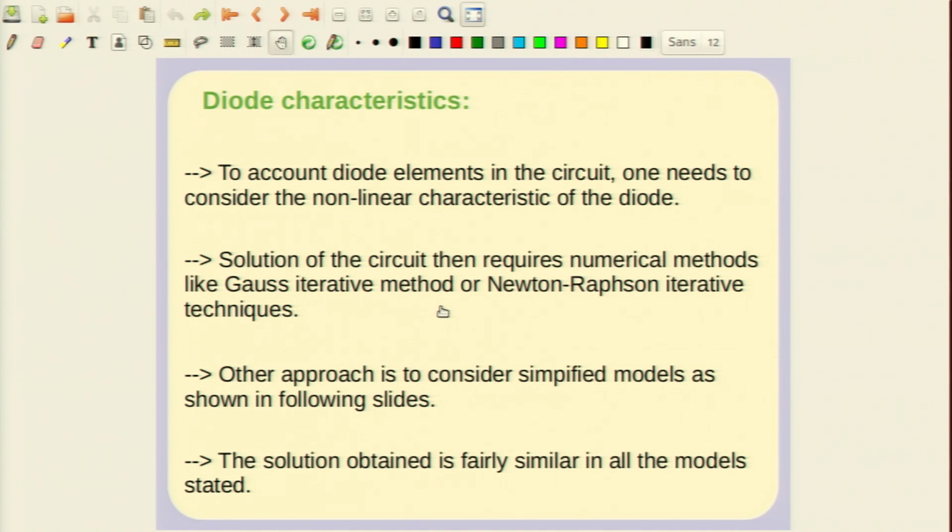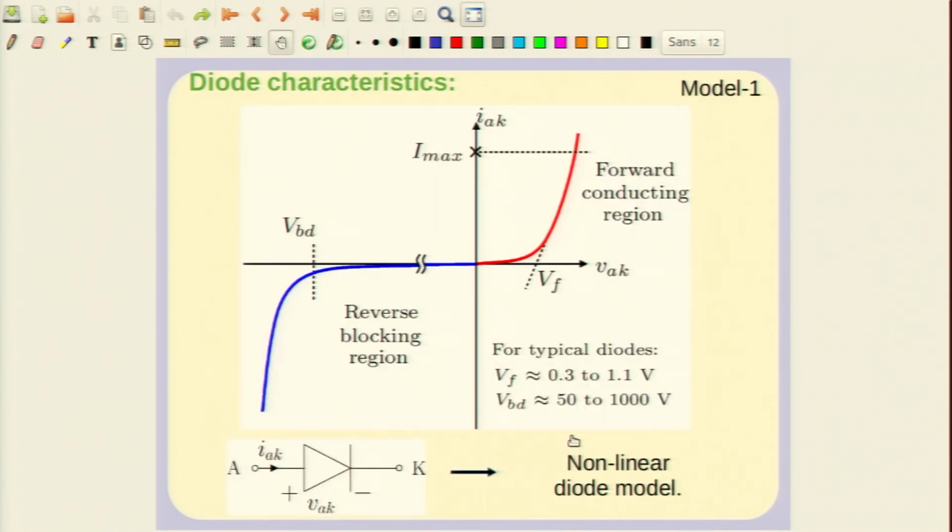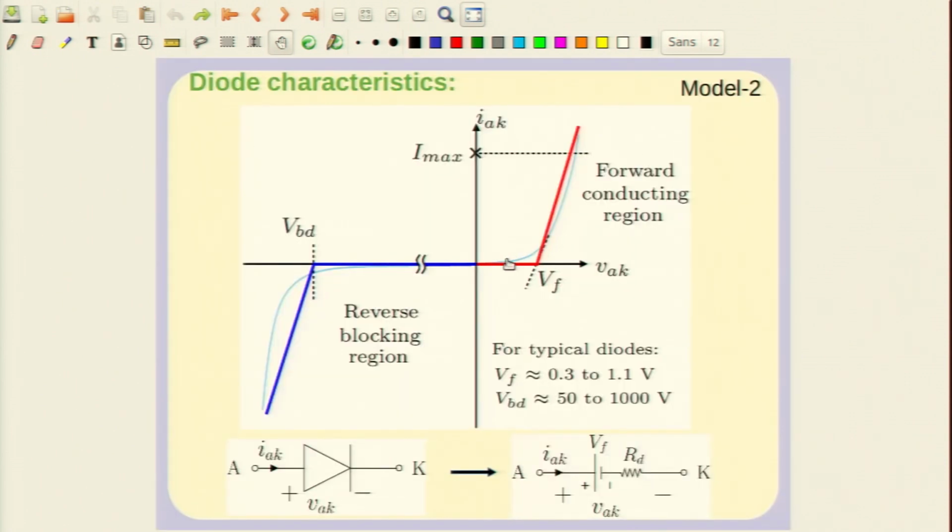But the other approach is to essentially model the diode as an on-off switch, and the last time we saw that the way towards that is first assume that this slope is very large and make it a straight line. So, that it's kind of a linear approximation of the slope, and also below Vf we assume no current flows, and in the reverse direction current is actually 0. In the model it is 0.